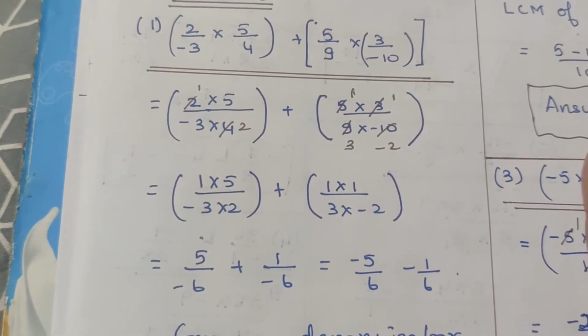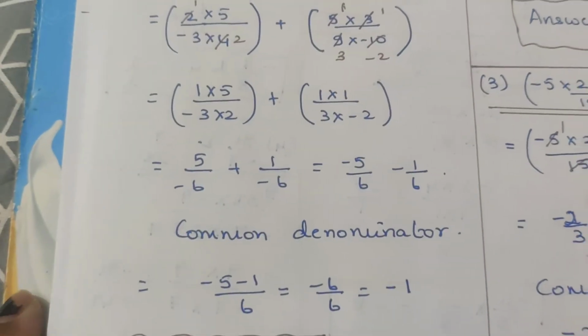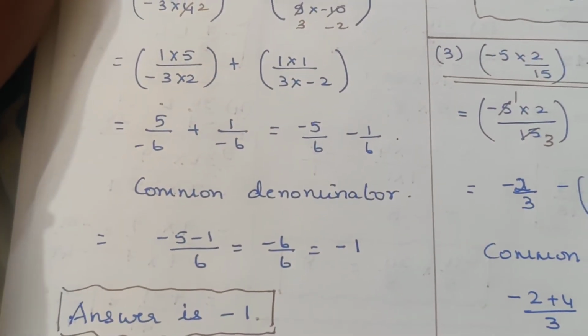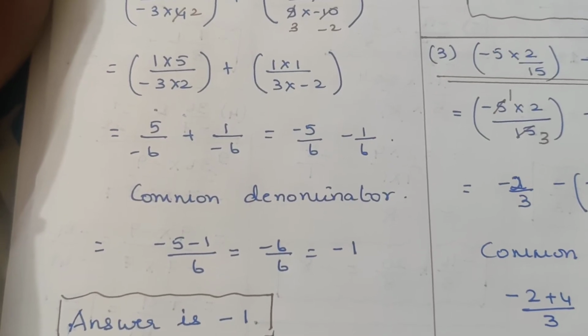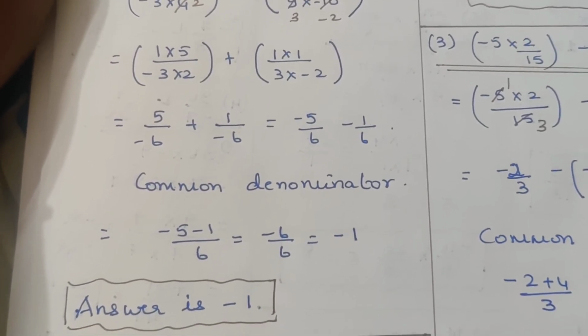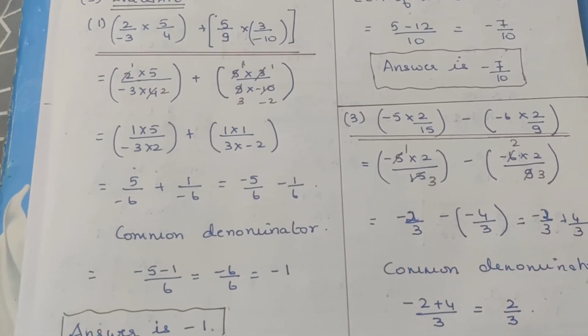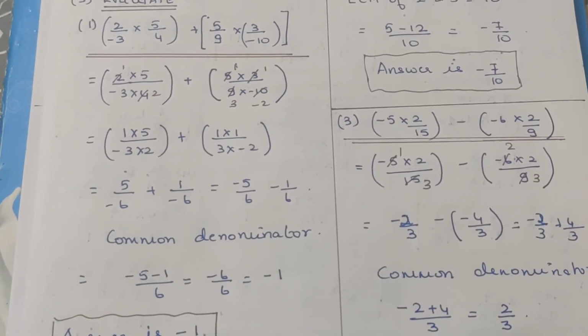That's equal to minus 5 by 6 minus 1 by 6. With the common denominator, minus 5 minus 1 by 6, that's equal to minus 6 by 6, that is equal to minus 1. Therefore, the answer is minus 1. I'm just pausing for a few seconds for you to understand.